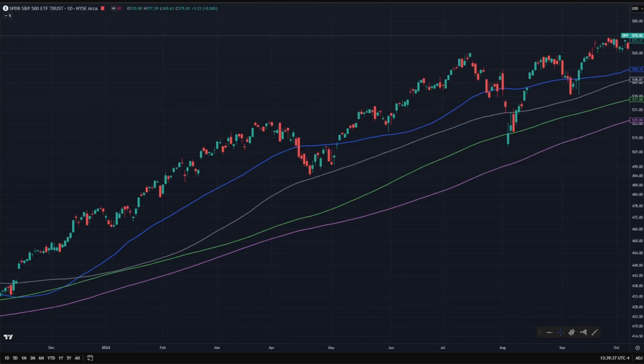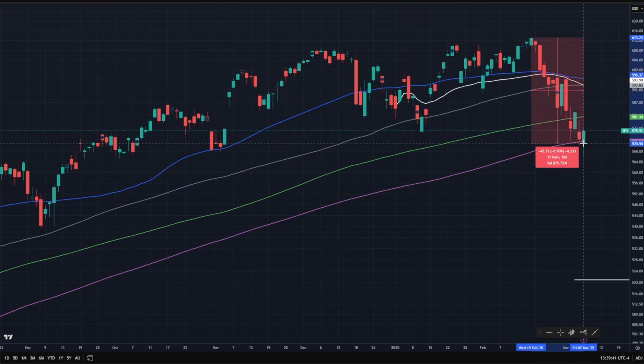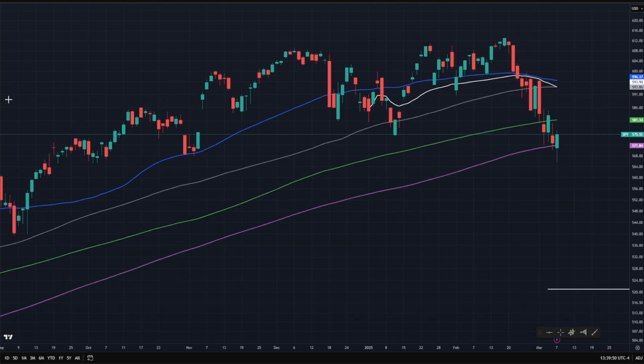If I go back to where we are now, we dropped a total of 7% in 16 days, very similar to what happened in 2018. And like I showed earlier, we could bounce here 3% in 6 days or 4 bars.